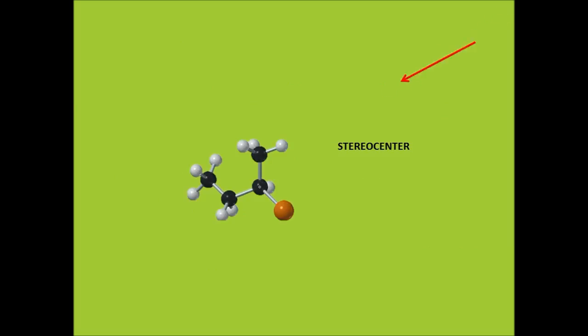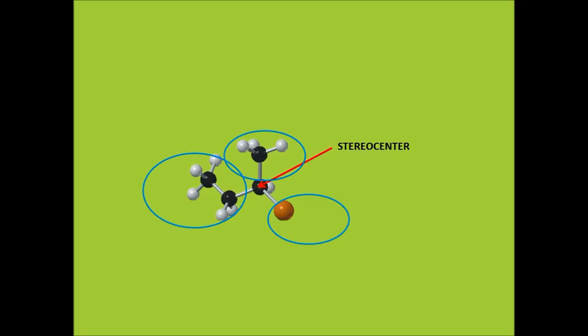Now, looking at 2-bromobutane, one of the ways to distinguish a chiral compound is to look at what we call a stereocenter. Here, this compound has a carbon identified here with 4 different groups attached to it, and the 4th one is the gray in the back.